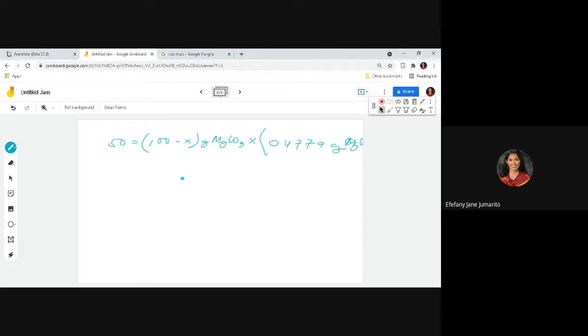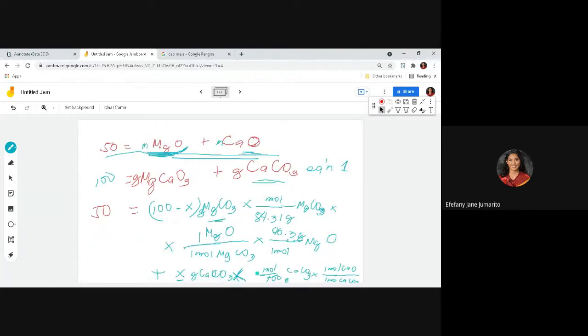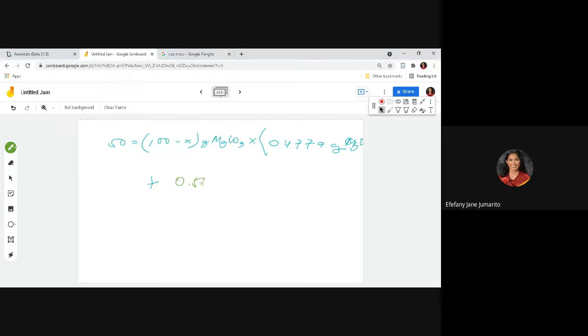Then plus, what is this? What is the calcium oxide? 56.08 divided by 100. That's 0.5608, ma'am. 0.5608, ma'am.